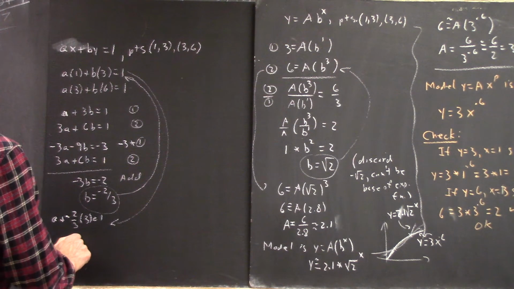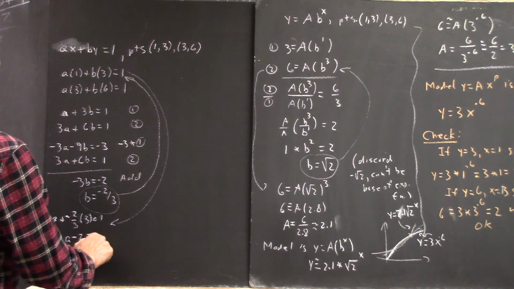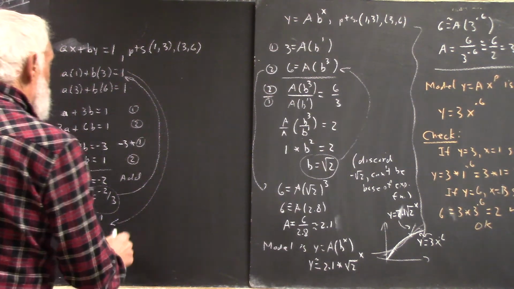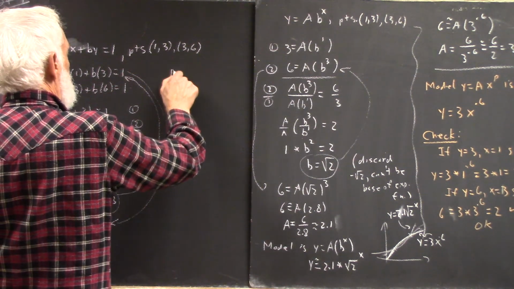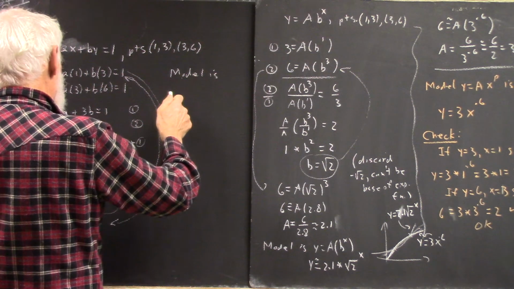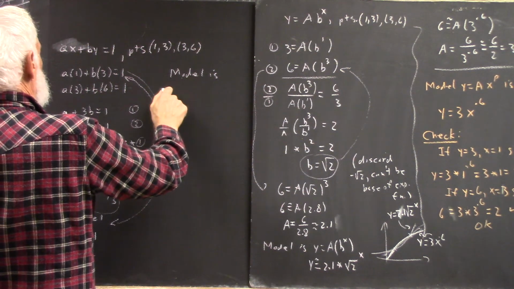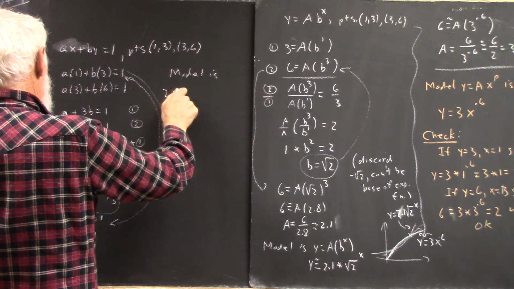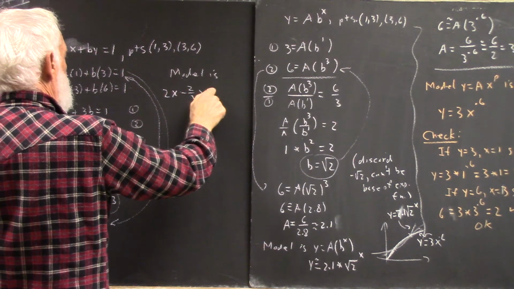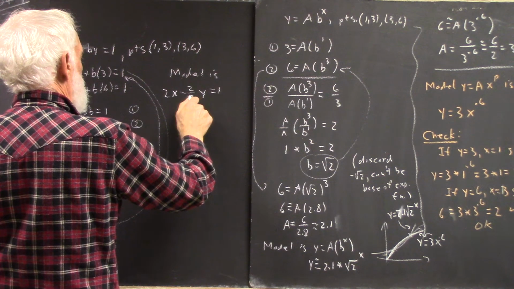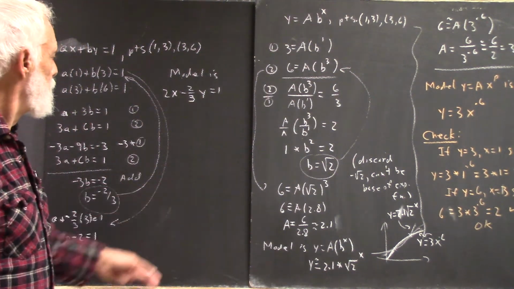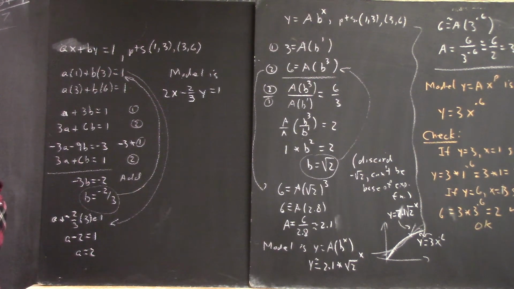Well, that's going to then be a plus 2 equals 1. a equals -1. So the model is 2x minus 2/3 y, the board's a little rough, equals 1.